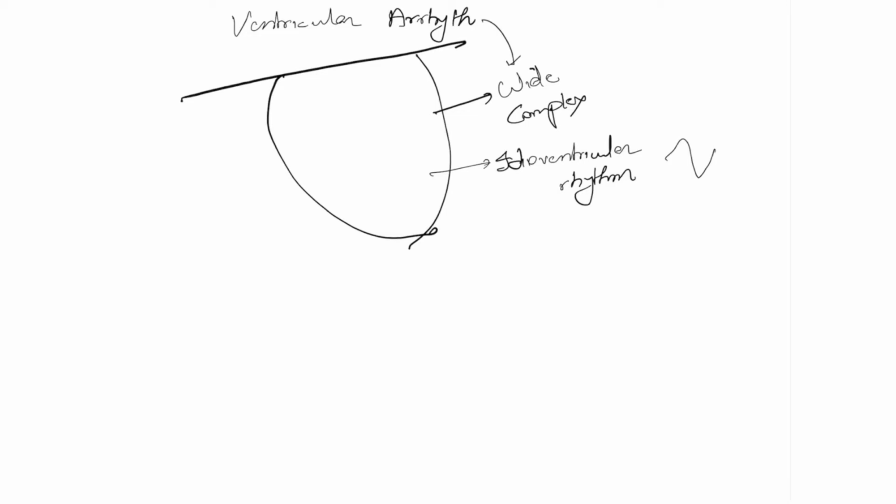Now, if the impulses originating in the ventricle have a rate of about 50 to 100, then you would again see wide complex QRS, and this would be termed accelerated idioventricular rhythm. And if the rate is high, then it could be one of two things.